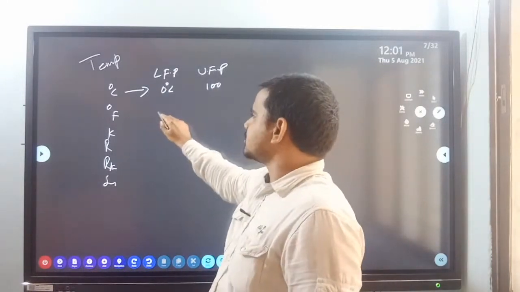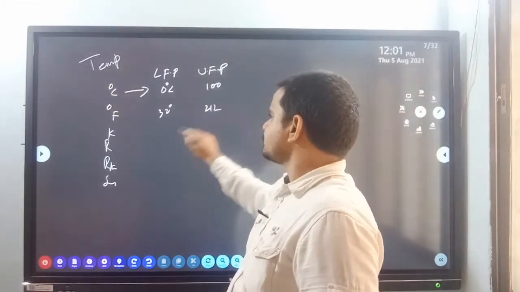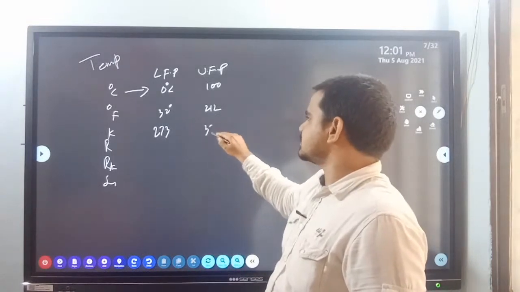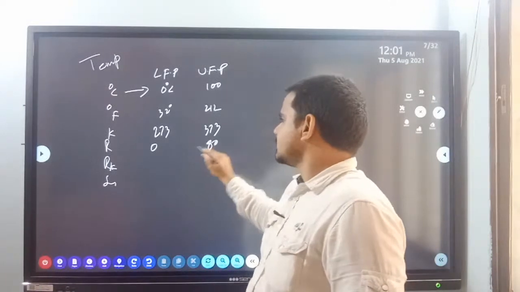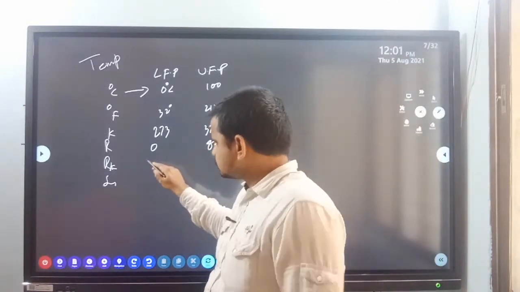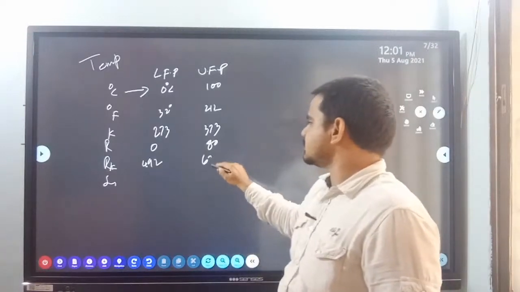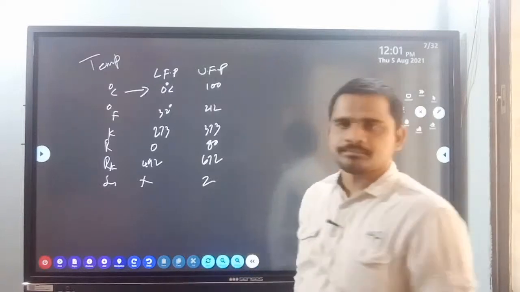In Fahrenheit, 32 and 212. In Kelvin, 273 and 373. Here 0 and 80, around 492 and 672, and for the faulty thermometer I'm taking X and here I'm taking Z, correct?